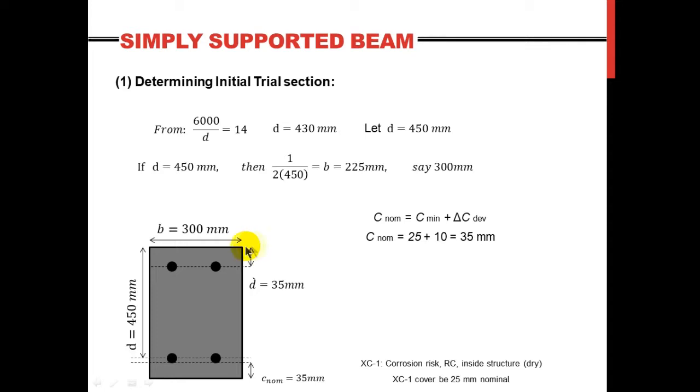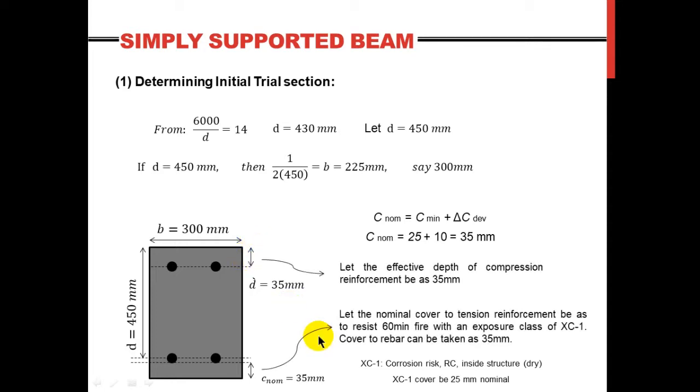And also, the important thing here is that I haven't yet determined whether I need compression reinforcement or not, but I'm assuming that if I do need compression reinforcement, then I'm going to give it an effective depth of 35. Okay, and if you just see, this beam is going to have sagging moment, and that means cracks will appear at the bottom.